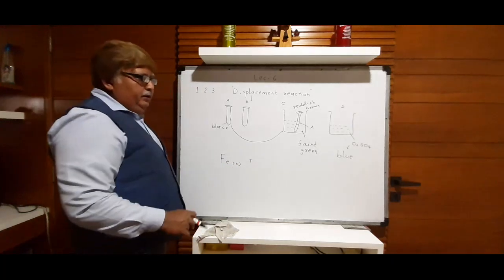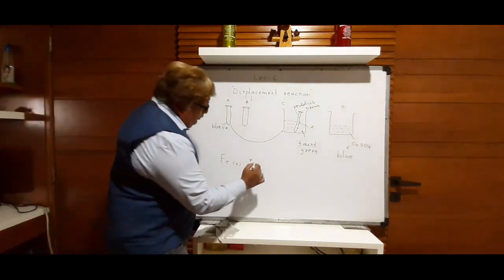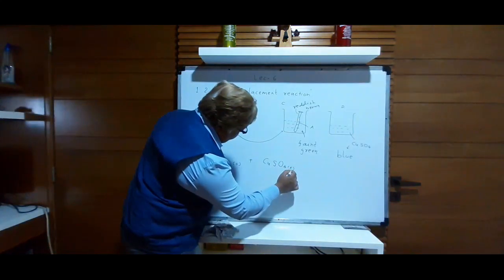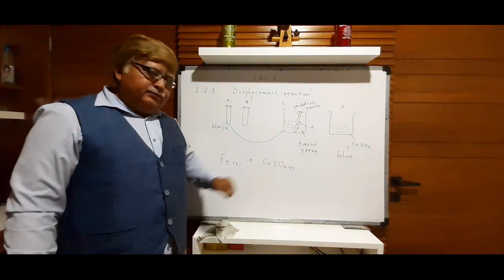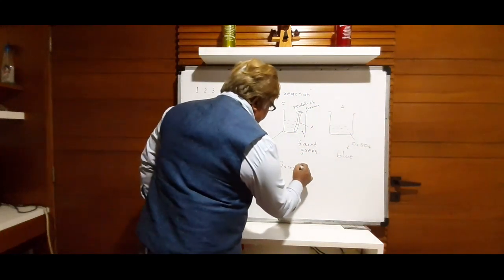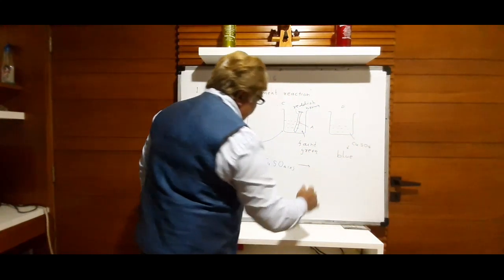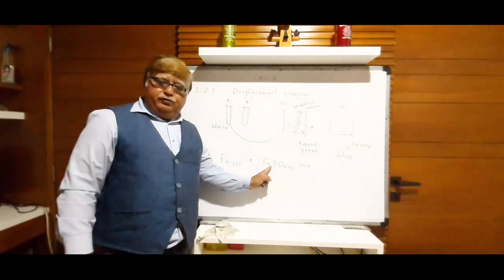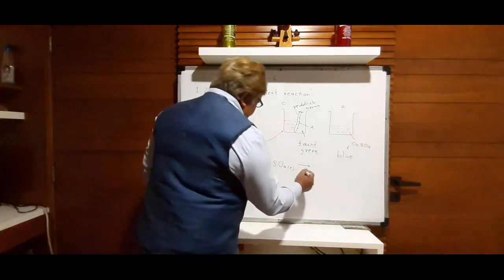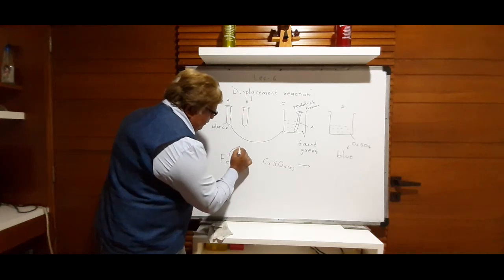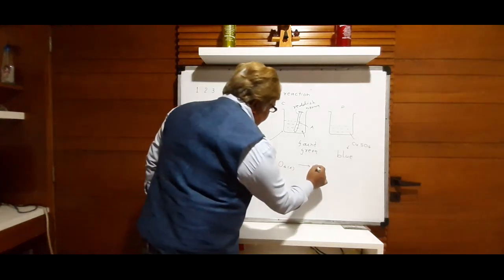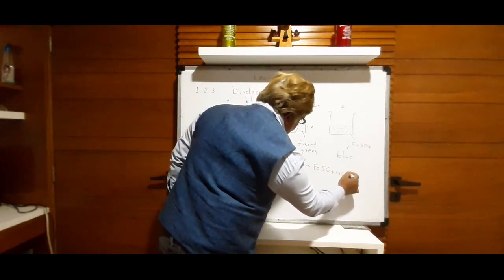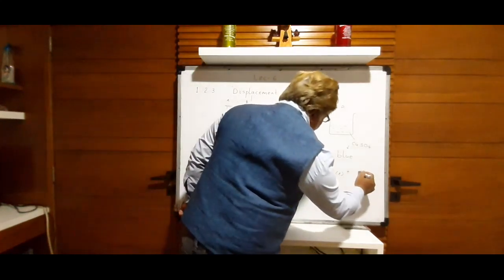When I immersed the iron nail in copper sulfate, that is CuSO4 liquid, actually what might have happened is that iron displaces copper from copper sulfate and forms ferrous sulfate solution, and copper is displaced from here.